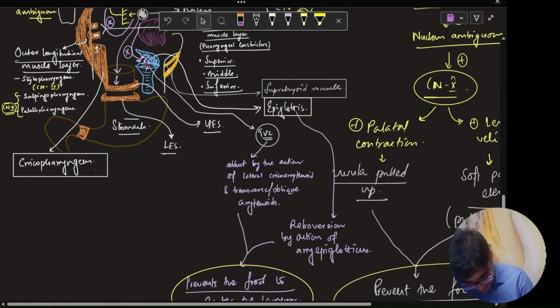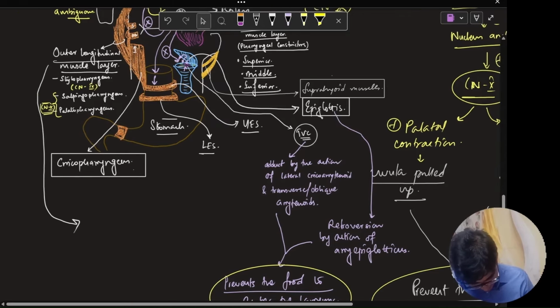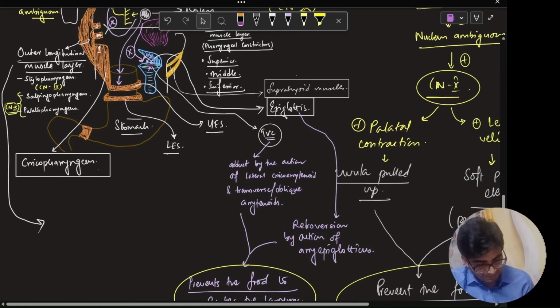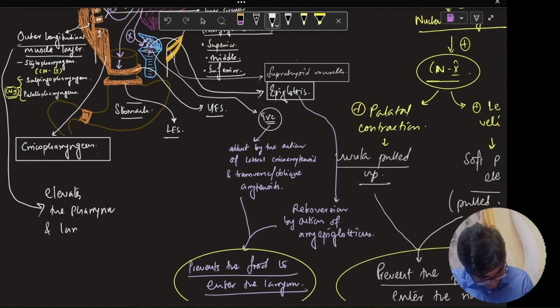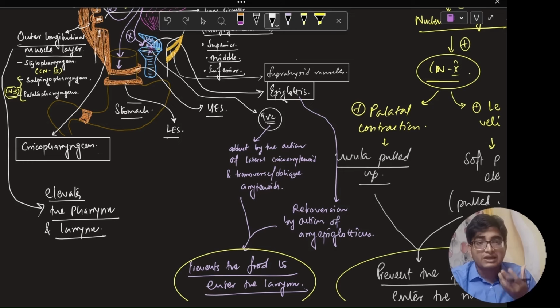These outer longitudinal muscles help in elevating. So they will elevate the pharynx as well as the larynx. So the larynx as well as the pharynx is getting elevated by the action of the outer longitudinal layer.